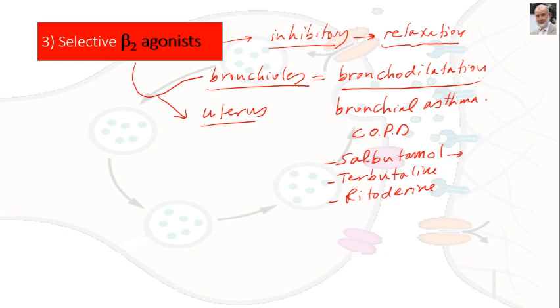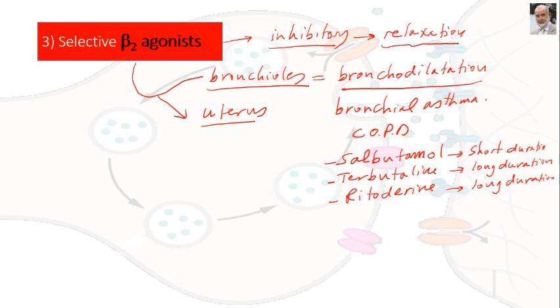Salbutamol has a short duration of action. It acts for 4 hours, while terbutaline is an example of long duration. It acts for many hours, maybe 8 hours or more. And ritodrine, the same thing, has long duration. Ritodrine, although it is a beta-2 agonist, has a specific application, as we will see later.